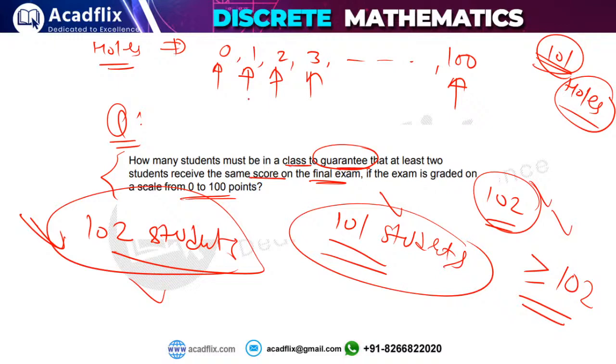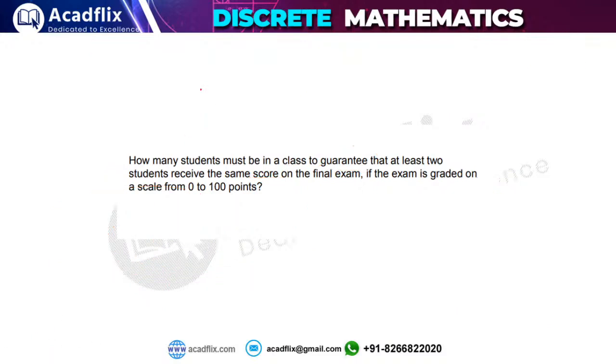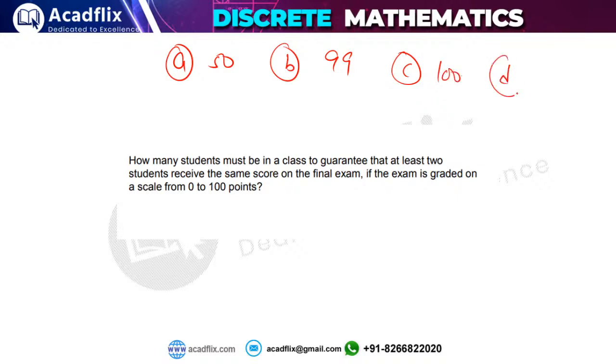For example, he can give you options: option A will be 50, option B will be 99, option C will be 100, option D will be 101, and option E will be 500. So what will be the answer? The answer will be 500.